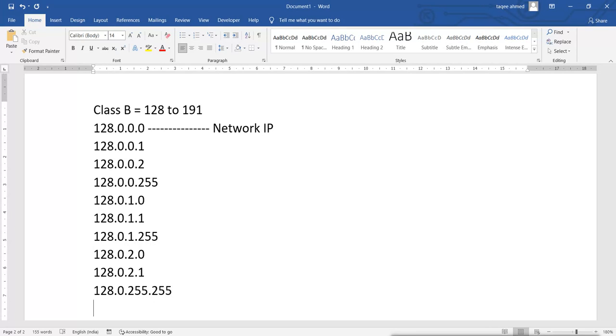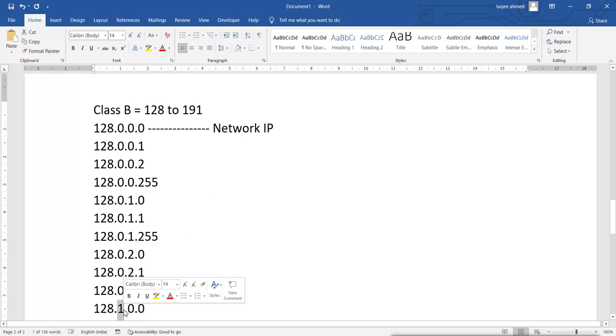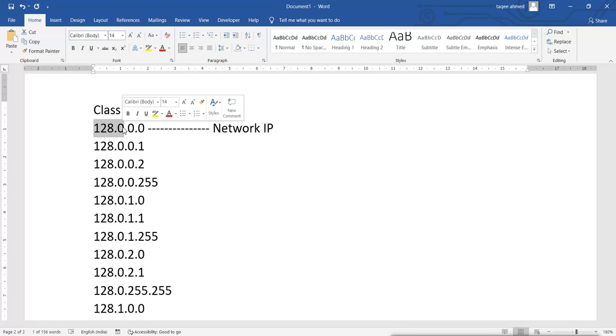Now the next IP is 1.0.0. Here this will change. Now this change means the network part will change, because the first two parts are the network part, and if this part changes, that means your network IP changes.